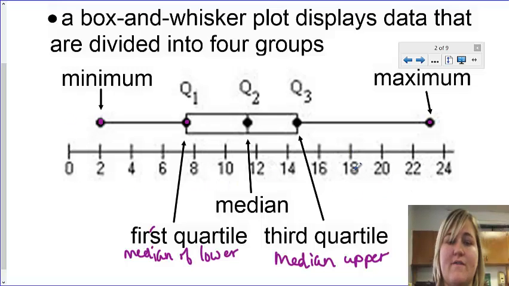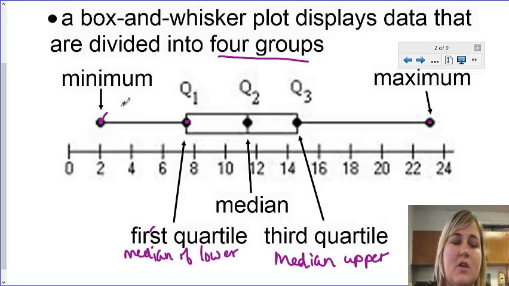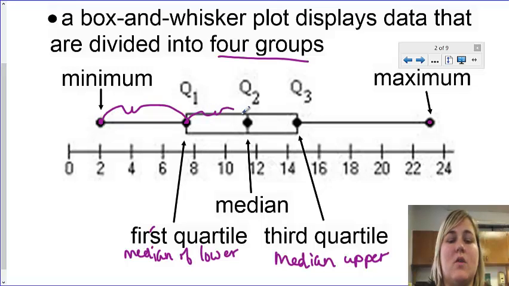So those are the 5 points that you need to know to be able to make a box and whisker plot. And it says that it's divided into 4 groups. Those groups are the first quartile, that's this whole first quarter piece, the second quartile, the third quartile, and the fourth quartile.